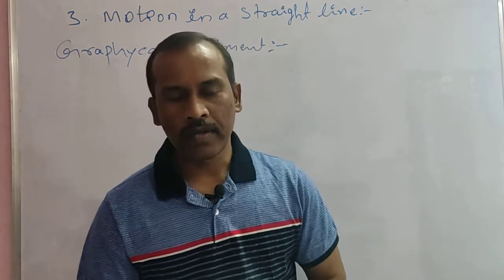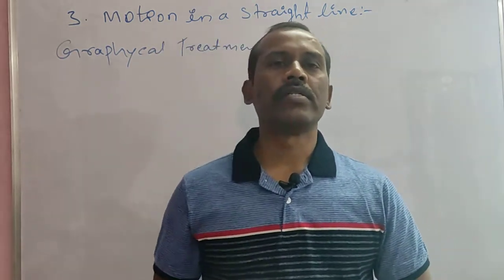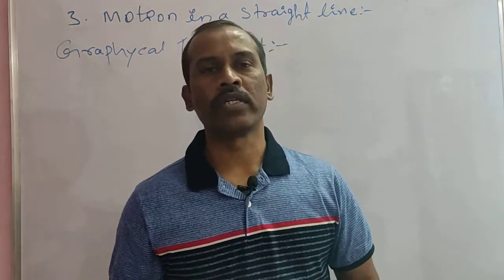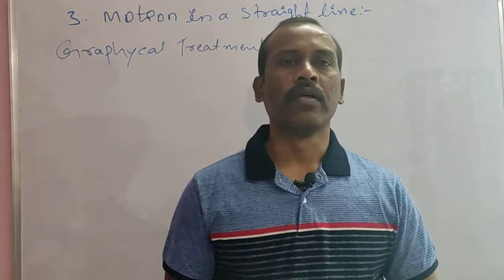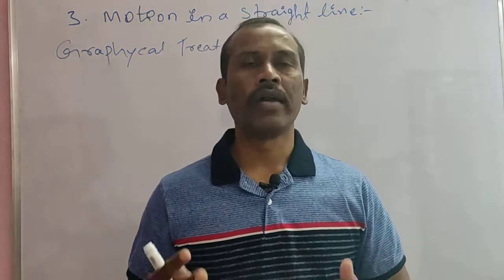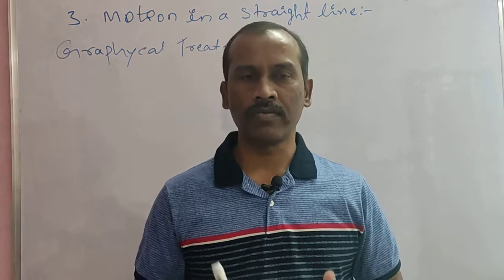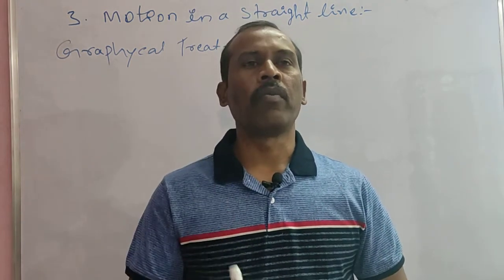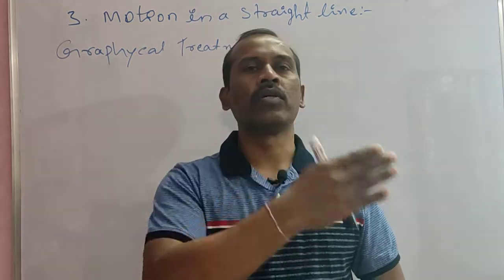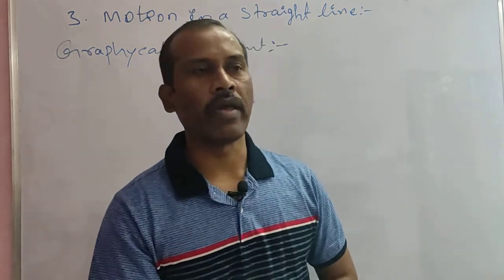Okay, first of all, the chapter is motion in a straight line. The topic is the graphical treatment of the kinematic equations of motion for a body moving with uniform acceleration.